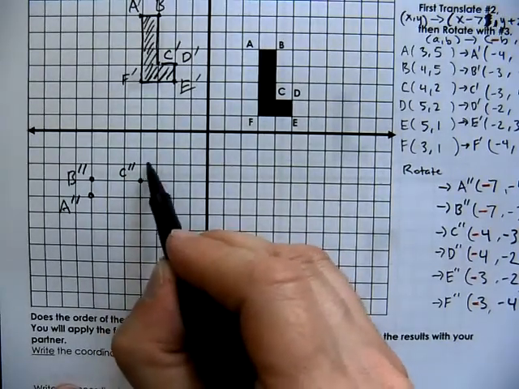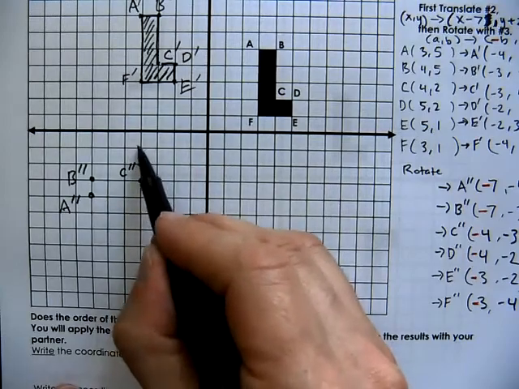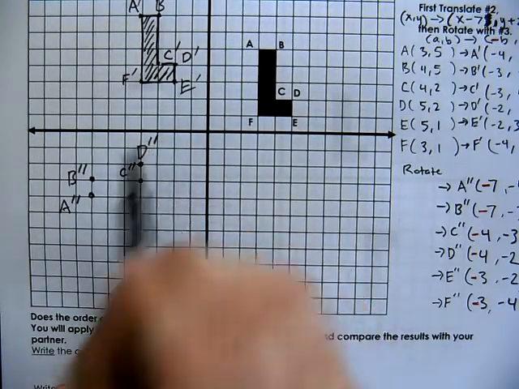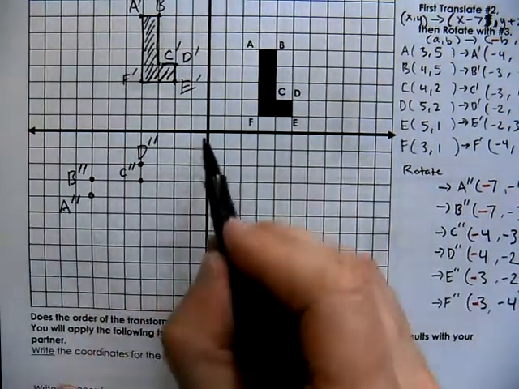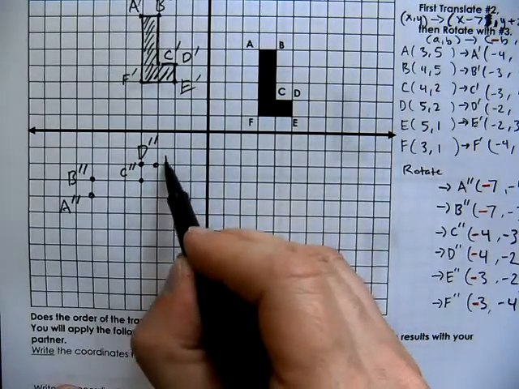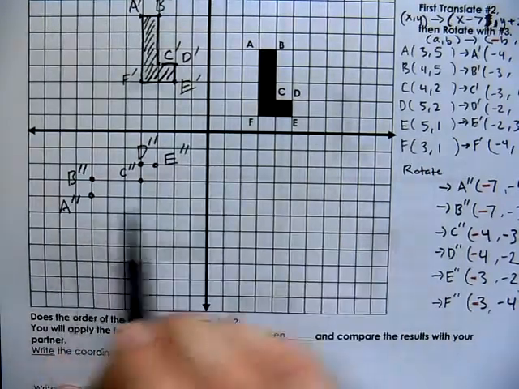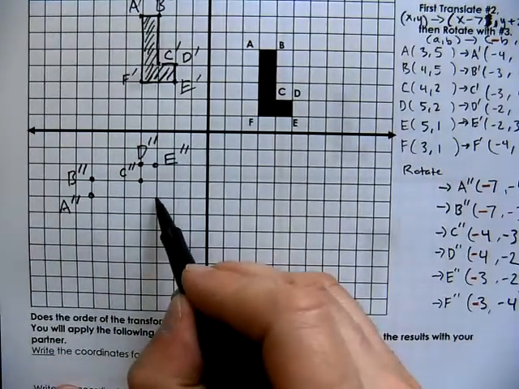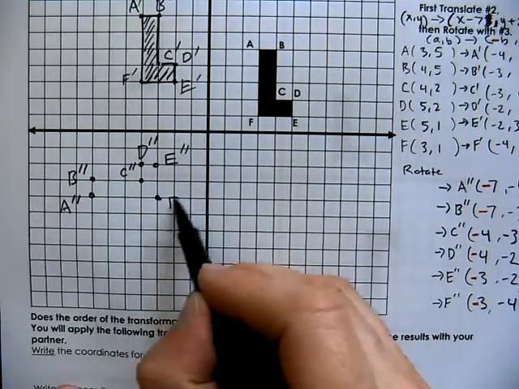D double prime is at negative 4, negative 2. E double prime is at negative 3, negative 2. And lastly, F double prime is at negative 3, negative 4.